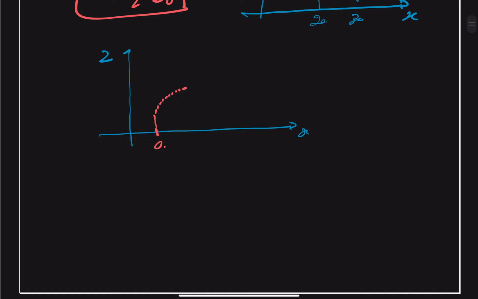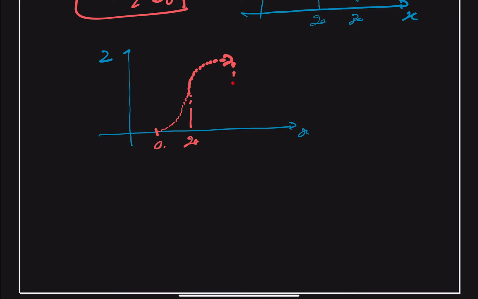It will be taking a circular path like this, and up till 2a, and after 2a it is going to follow the circular path in the reverse direction. So this will be like this, okay.